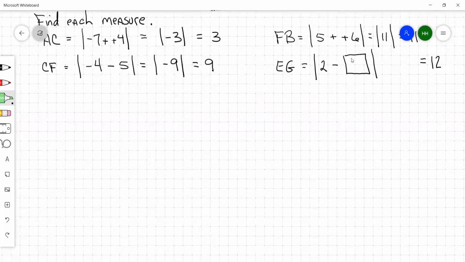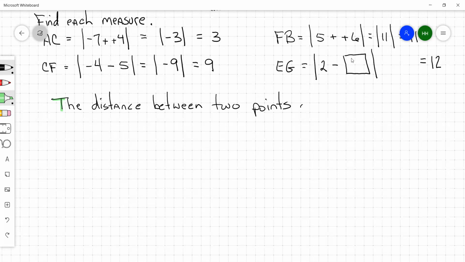So the distance between 2 points on the coordinate plane is your distance formula.